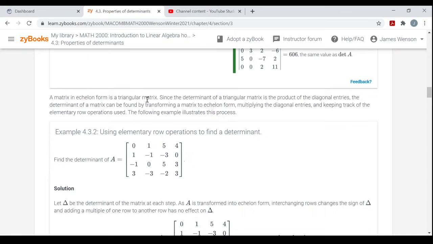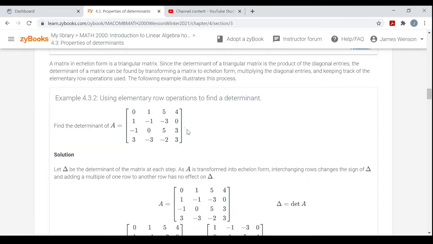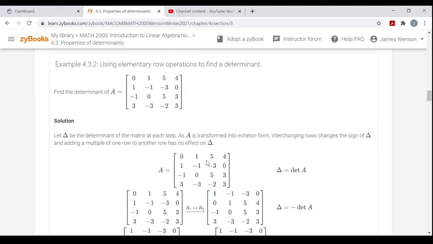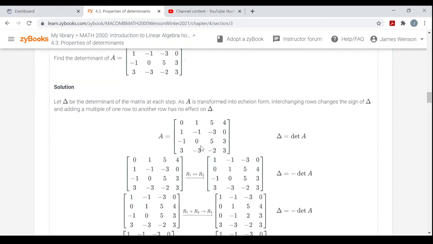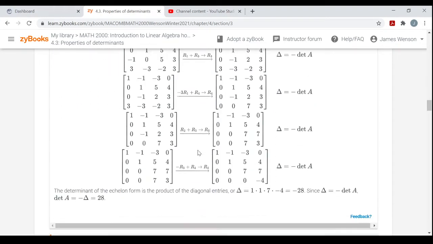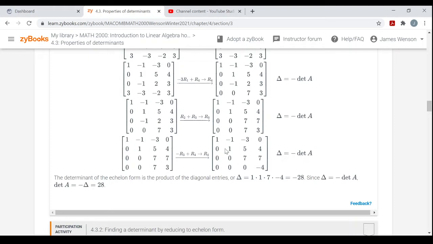The determinant of a triangular matrix is just the product of the main diagonal entries. So our goal is to perform row operations to get our matrix into a row equivalent matrix that's upper triangular. You see this last matrix here has zeros all below the main diagonal.